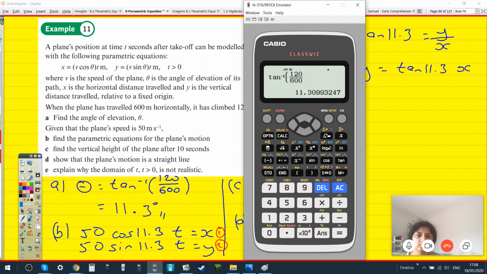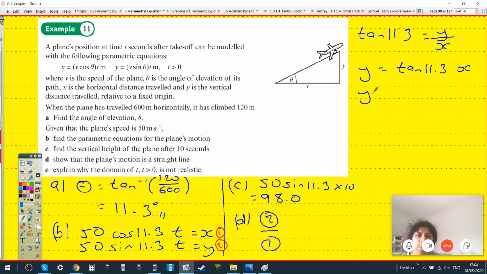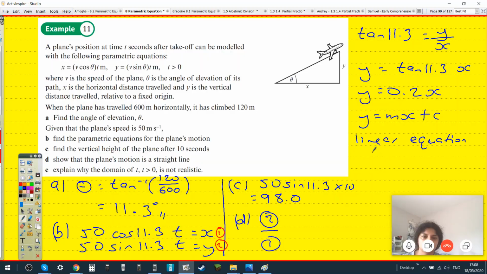What if I wrote it as y equals 0.2x, as in y equals mx plus c. It's basically linear. Linear equation, so x is linear, therefore straight line.